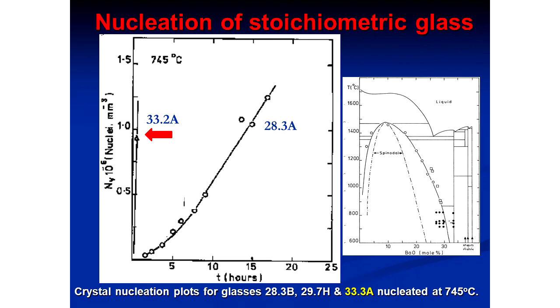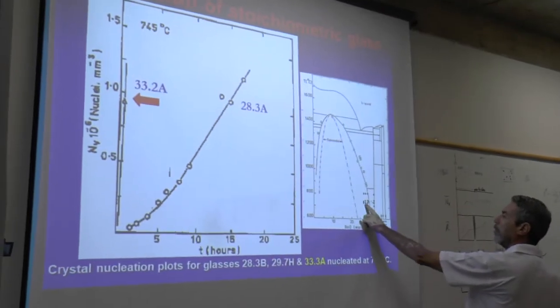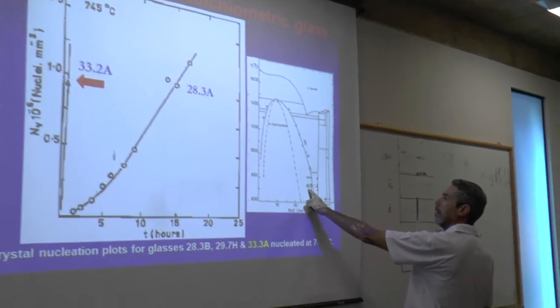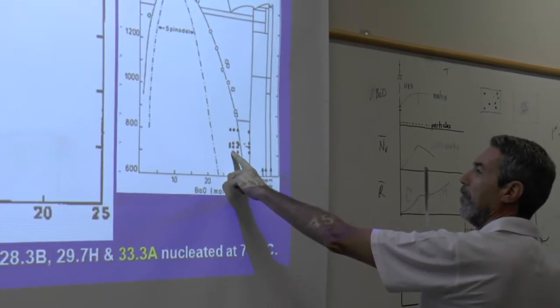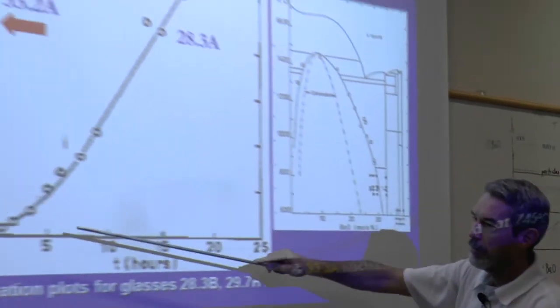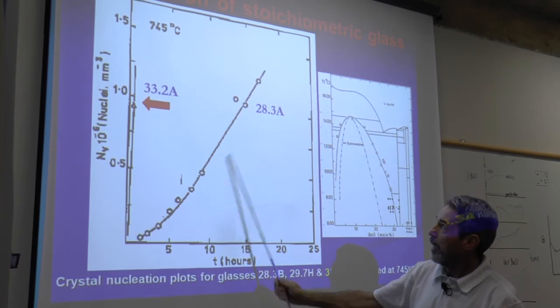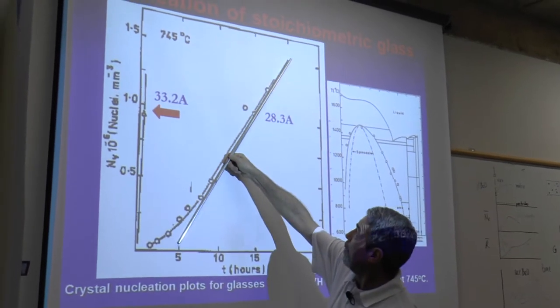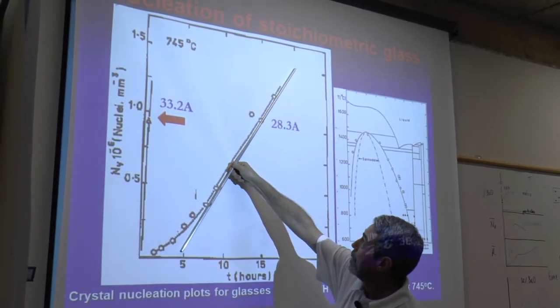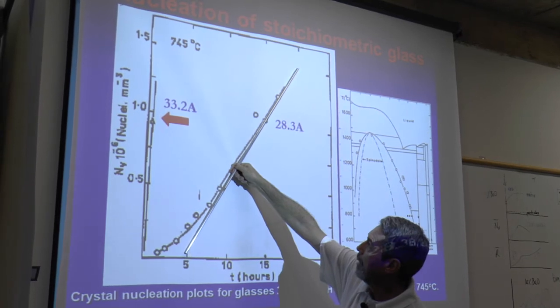A glass with 28.3, say one of these glasses here, at 745. It goes, and then reaches a constant steady state nucleation rate.